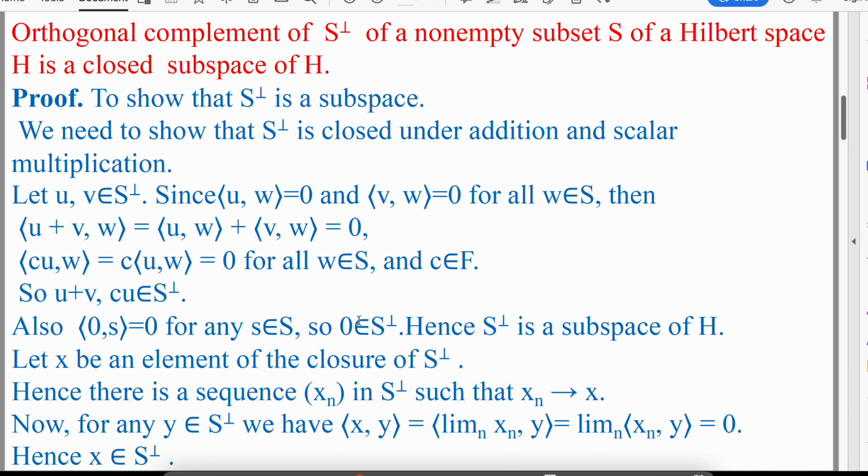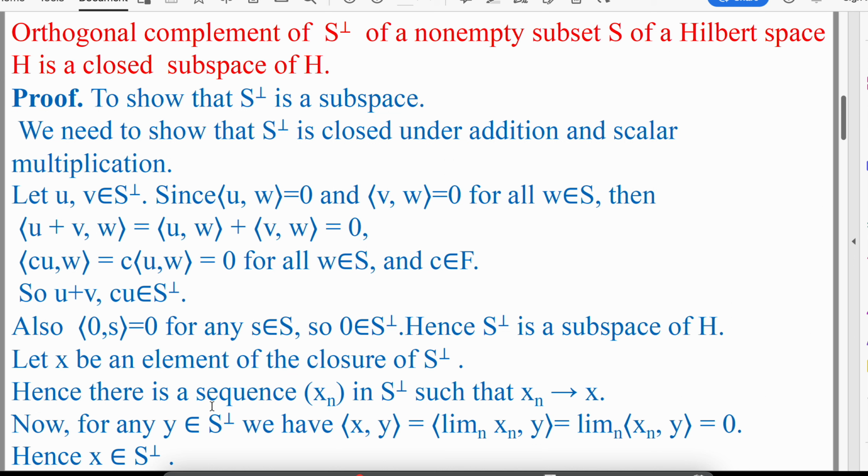Now we will show that it is closed also. Let x be any element in the closure of orthogonal complement of S. Hence there is a sequence xn in orthogonal complement of S such that xn tends to x.